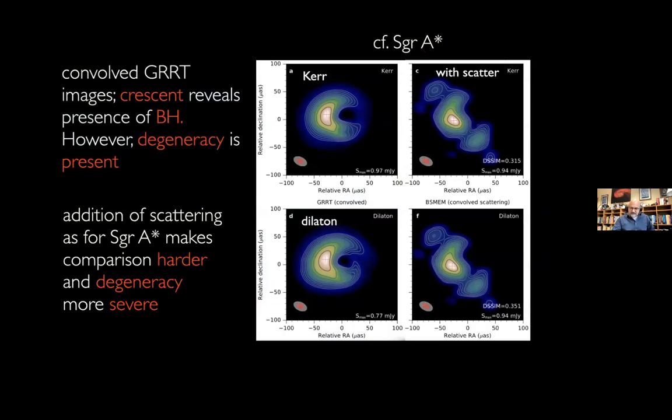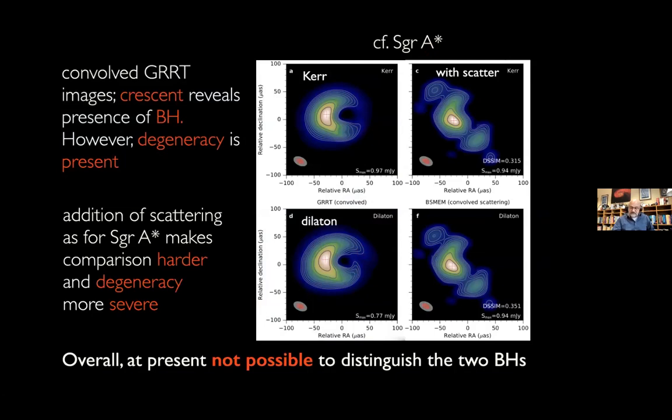Of course, you can't judge by eye. You need some quantitative metric that tells you how different this is from this. And after you do this, you realize that it's not possible to distinguish two black holes given the quality of the data, unless they are really significantly different. And in our case, this black hole is not significantly different.